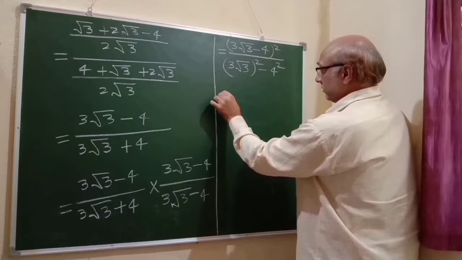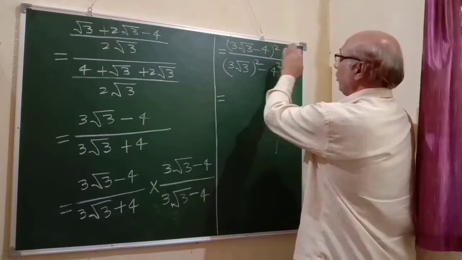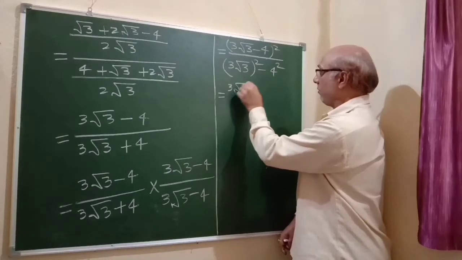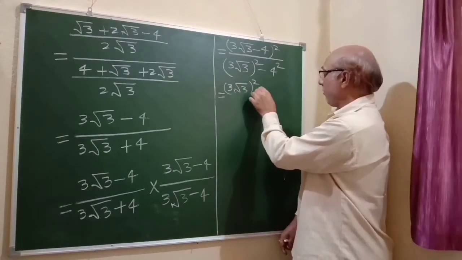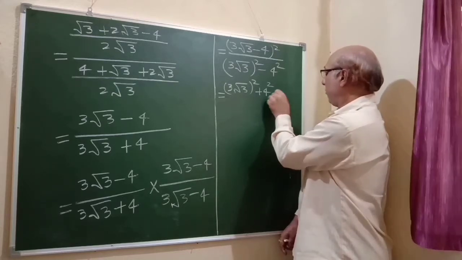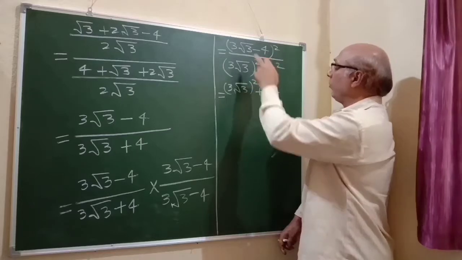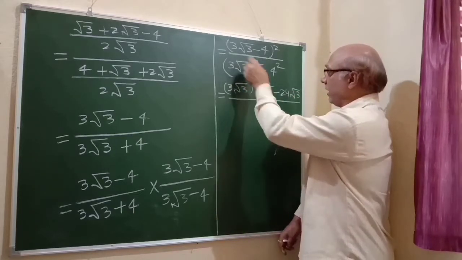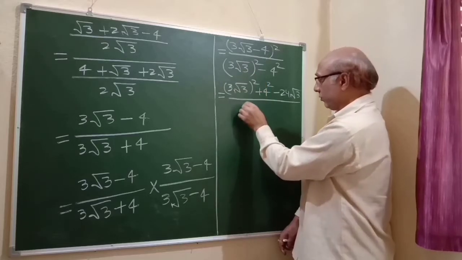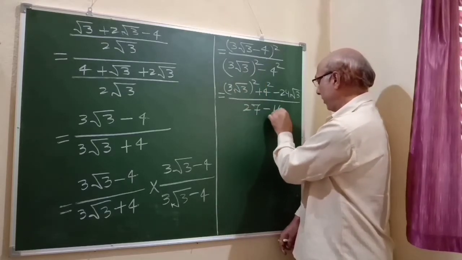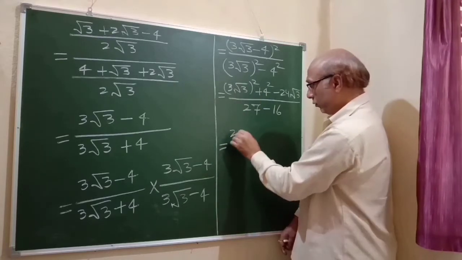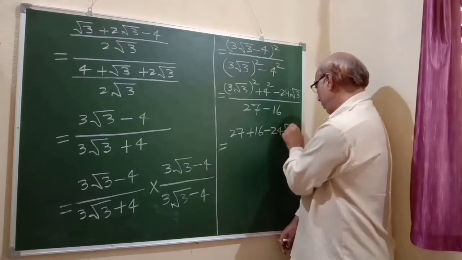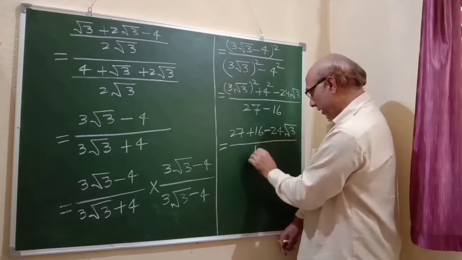And here (a minus b) whole square is a square plus b square minus 2ab, so we get 27 plus 16 minus 24 root 3 by 27 minus 16, that is 11.